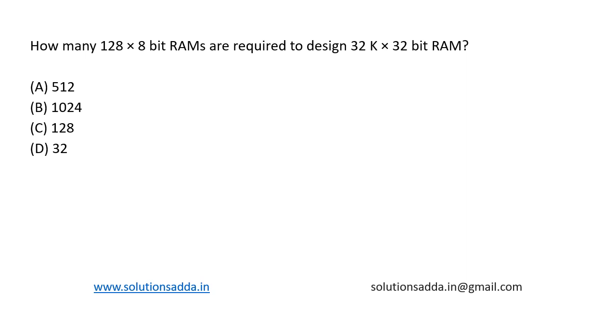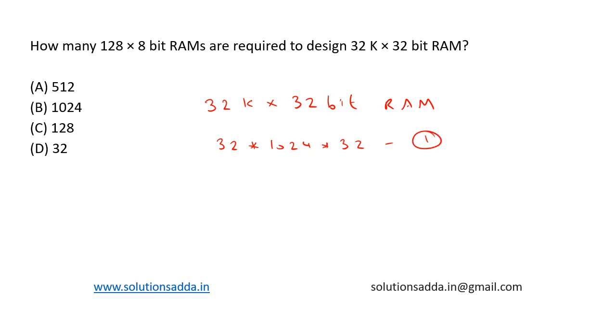This is a question from digital logic design. How many 128 cross 8 bit RAMs are required to design a 32K cross 32 bit RAM? The options are 512, 1024, 128, and 32. Here we require a 32K cross 32 bit RAM, that is 32 into 1024 into 32.